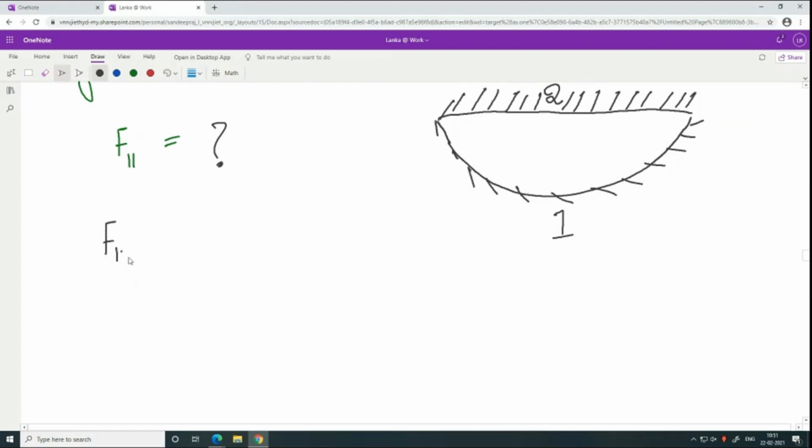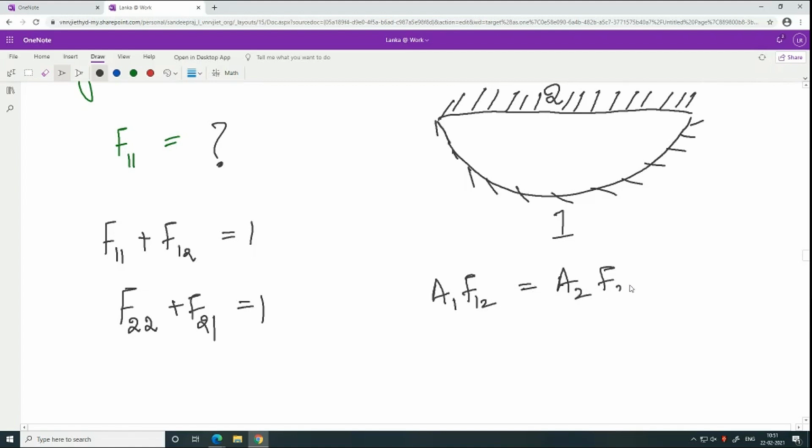So first we will take this concept: F11 plus F12 is equal to 1. This is one property we have seen. The same thing for the other body: F22 plus F21 is equal to 1. And the other thing we know is the reciprocity theorem, that is A1 F12 is equal to A2 F21.